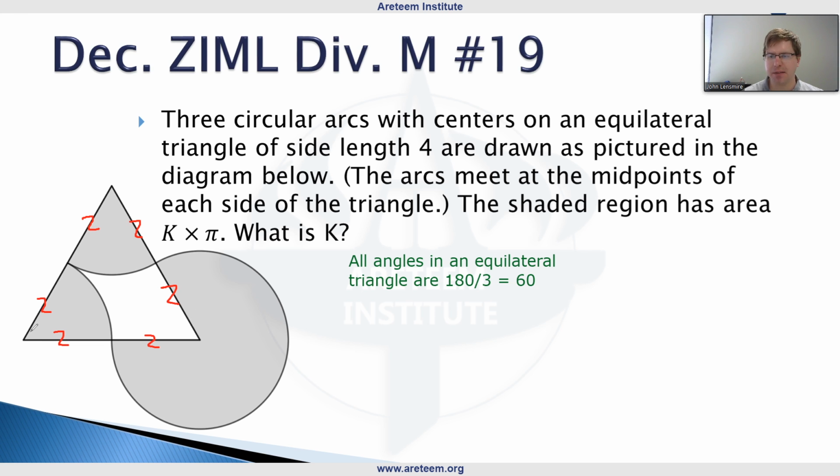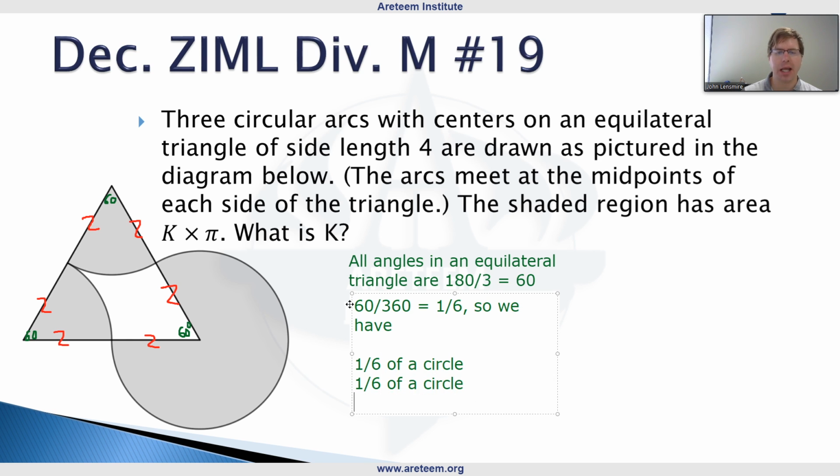That's the importance here. So we have 60, and we have 60 here. 60 divided by 360 is 1/6. So we have 1/6 of a circle, 1/6 of a circle, and 5/6 of a circle.